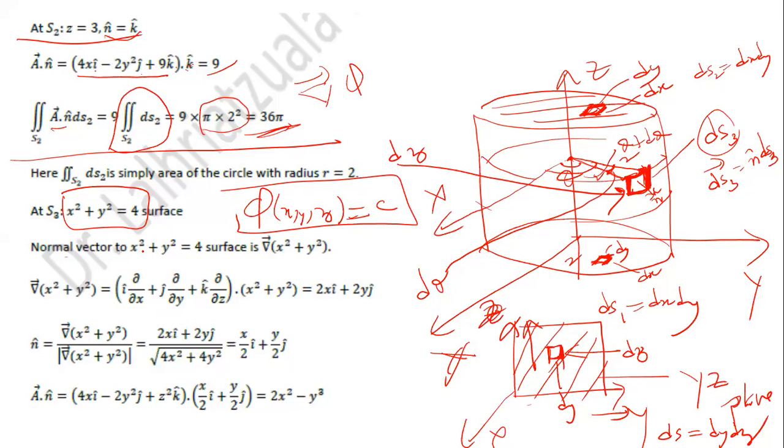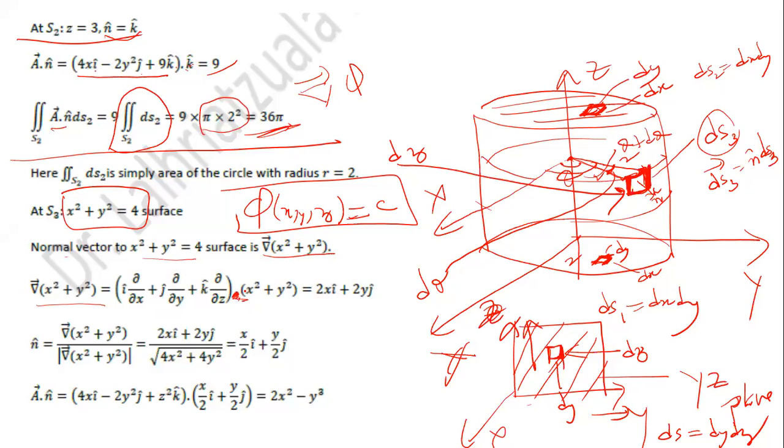So the normal vector to this will be grad of x square plus y square. There should not be any dot product here. There is a typing mistake, no dot here. Please don't mind. There should not be a dot in the gradient operation. This is a vector operator and this is a scalar. So that was a typing mistake.